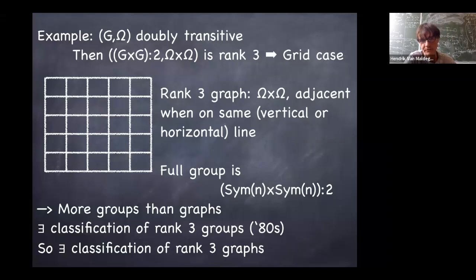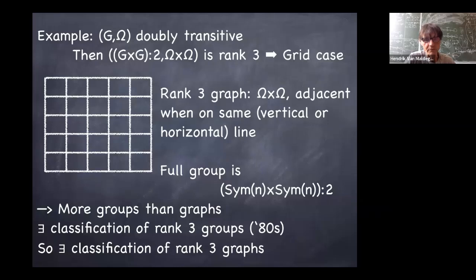Actually, that was the initial purpose of the book I wrote with Brouwer, to write this complete classification of all these graphs in one book. But then, of course, Andries wanted to add more and more, and it became a book on strongly regular graphs. Anyway, you can find the classification of these graphs there.